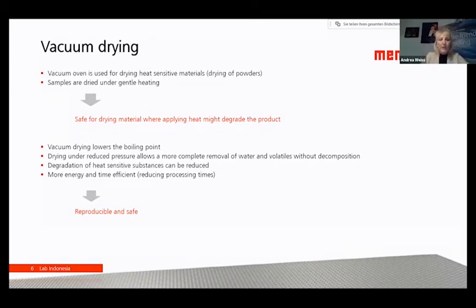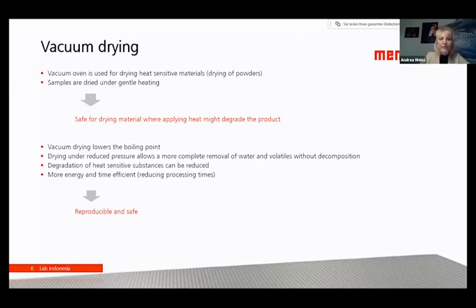And we also talk here about vacuum drying, which lowers the boiling point. The boiling point, which is normally around 100 degrees, can be reduced, for example, to 46 degrees when we reduce the pressure to 100 millibar. If reduced further, the boiling temperature of water is reduced even more.